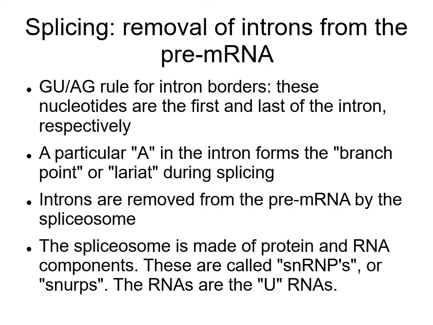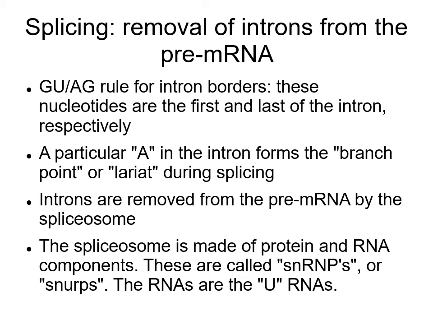Splicing is actually a horrendously complicated process, and there's a lot of research going on into trying to understand how, when, and why particular introns are processed in the way that they are. So we're trivializing it by just going to the absolute bottom level of what must happen to get rid of the intron. There's a lot more to it than this. Okay, the first one is the GU-AG rule for intron borders. These nucleotides are generally, not always, but generally, the first and last within the intron.